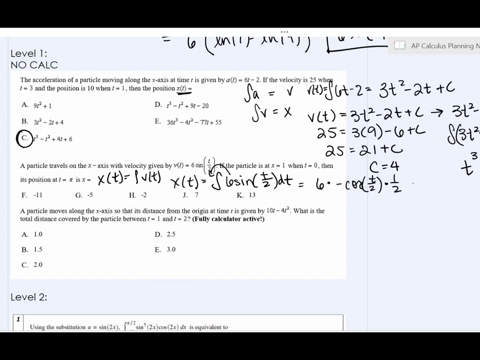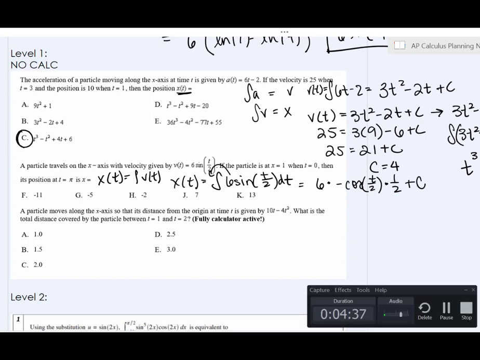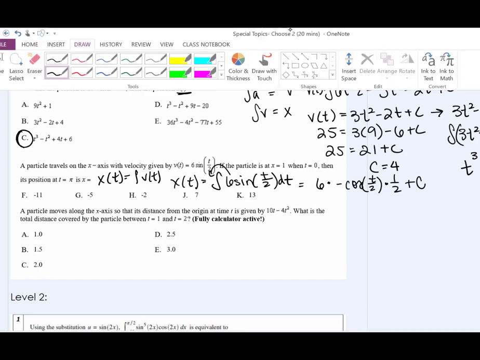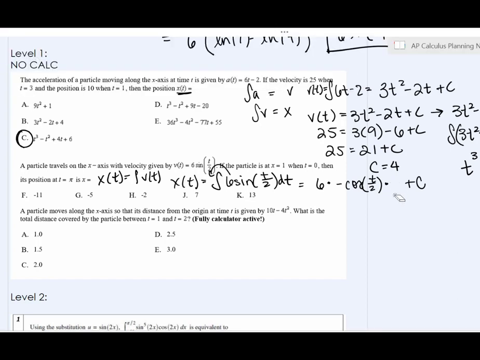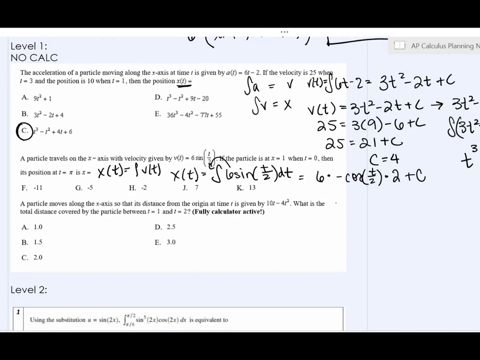And then this is going to be plus c. Oh, and guys, I just realized I did that wrong. That should have been divided by 1/2. So that's times 2. I apologize there. So then we get that x of t equals negative 12 cosine of t divided by 2 plus c.